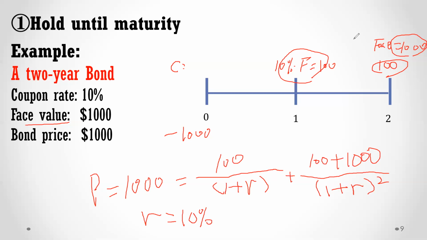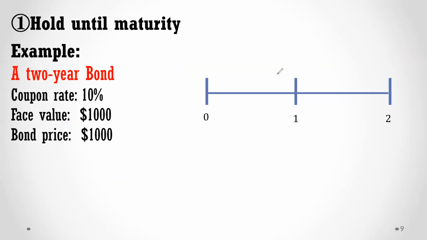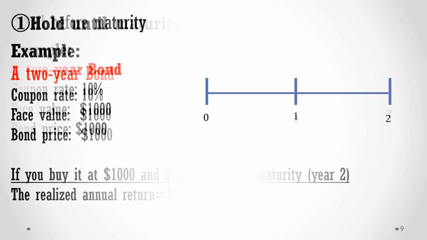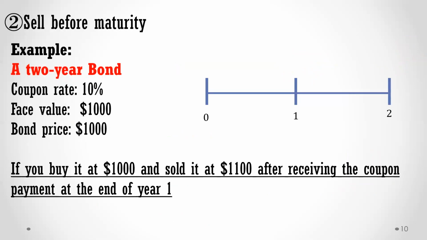So let me erase. Okay. In this case, let's assume that you buy it at a price of 1,000 and sell it at a price of 1,100 after receiving the coupon payment at the end of year one.